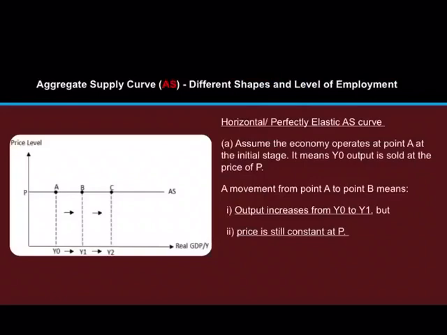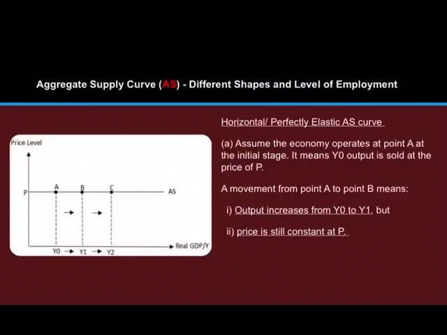The first case is the horizontal line of the AS, which is known as the perfectly elastic AS curve. By looking at the diagram here, you can see the perfectly elastic AS curve means there's no increase in the price. The price is constant.